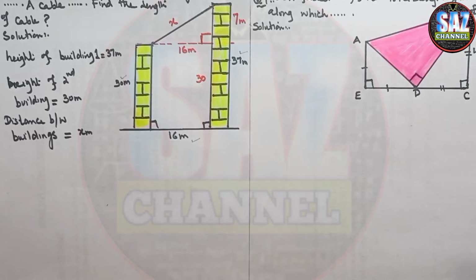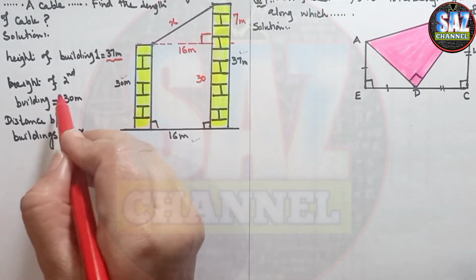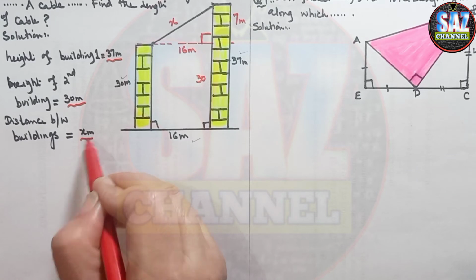Okay, let me underline important informations. This is 37, this is 30, and this is x.